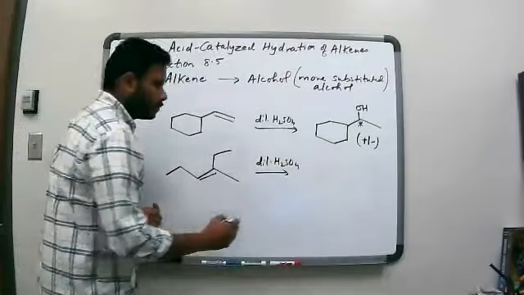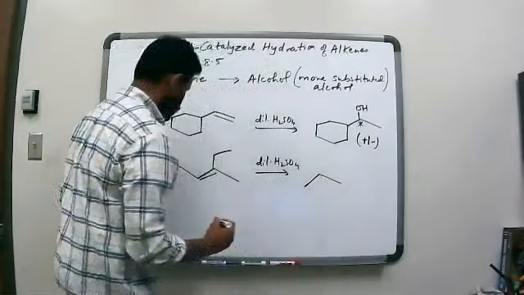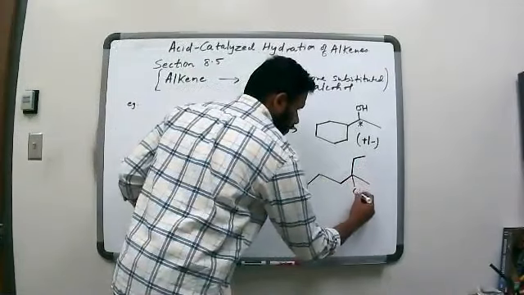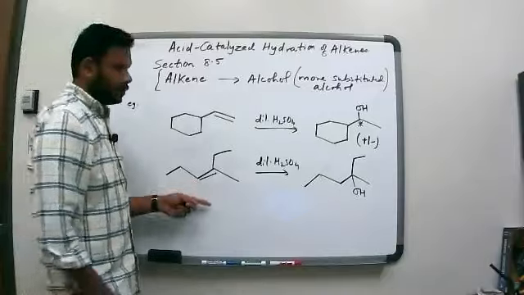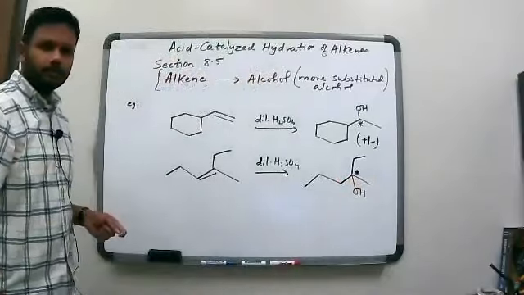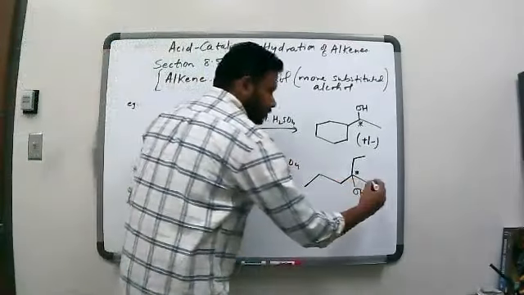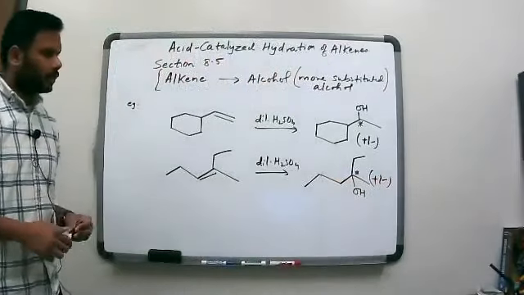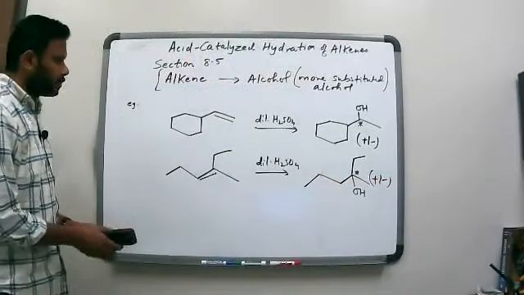Hydroxyl is going to go to the more substituted carbon. So that's where the hydroxyl would end up. And we've got a chiral center again. Okay, so this should also be a mixture of enantiomers, so plus and minus would form together. Okay, so those are some examples.